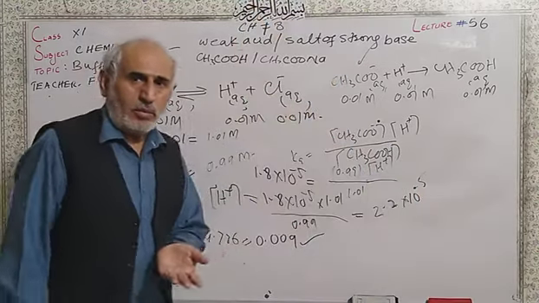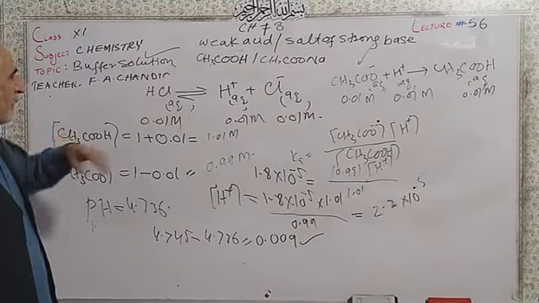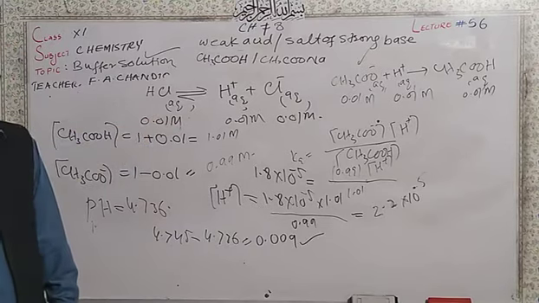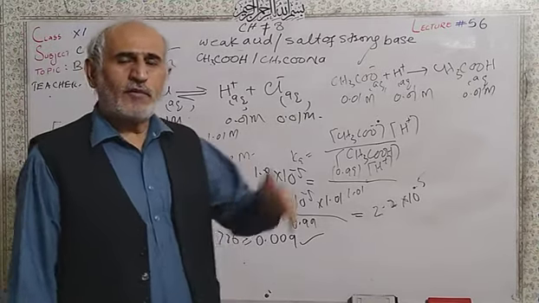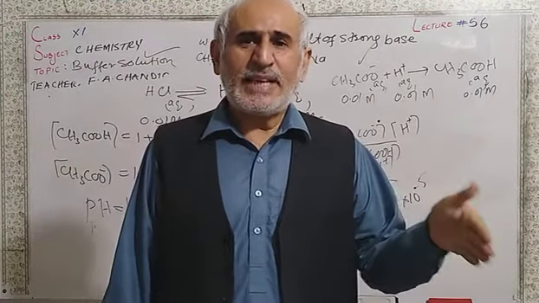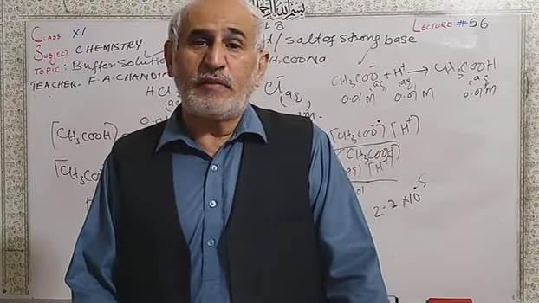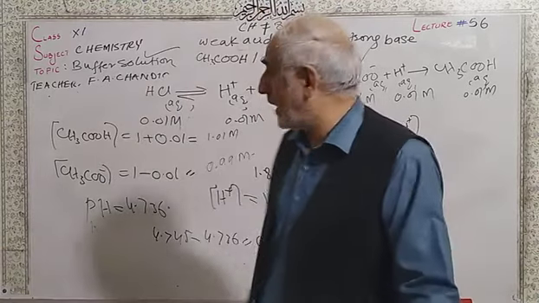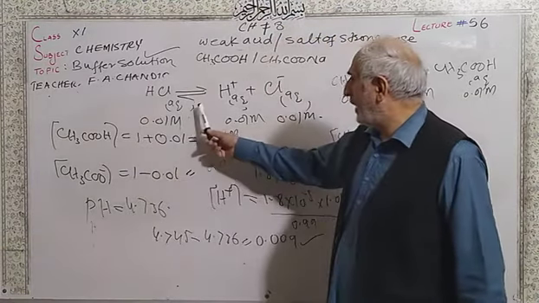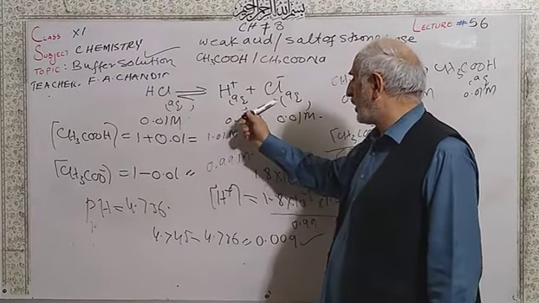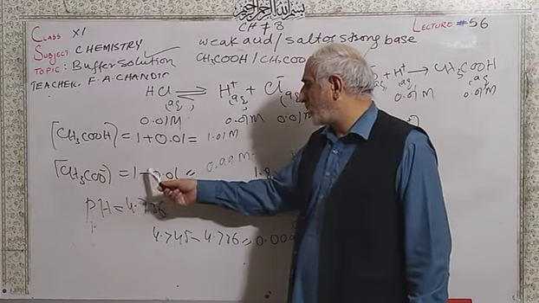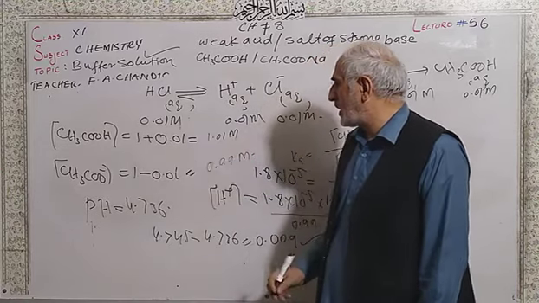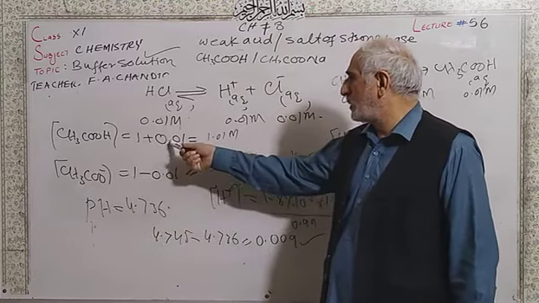So please do this at home. When I add 0.01 M of sodium hydroxide, what will be the change in pH in the buffer solution when I add 0.01 mole of sodium hydroxide? I am giving you a hint here. If I add sodium hydroxide, write this equation: 1 plus 0.01 for the acetate and 1 minus 0.01 for the acid, because you are adding base, so this will be subtracted.